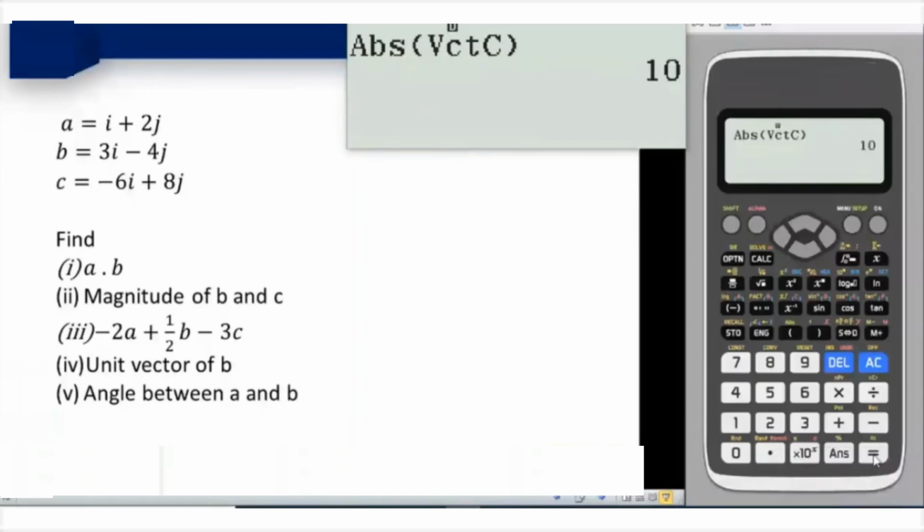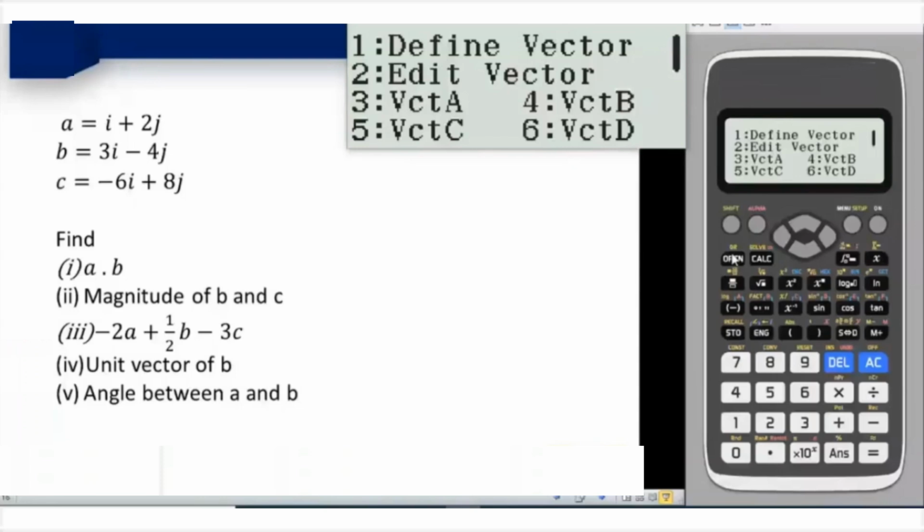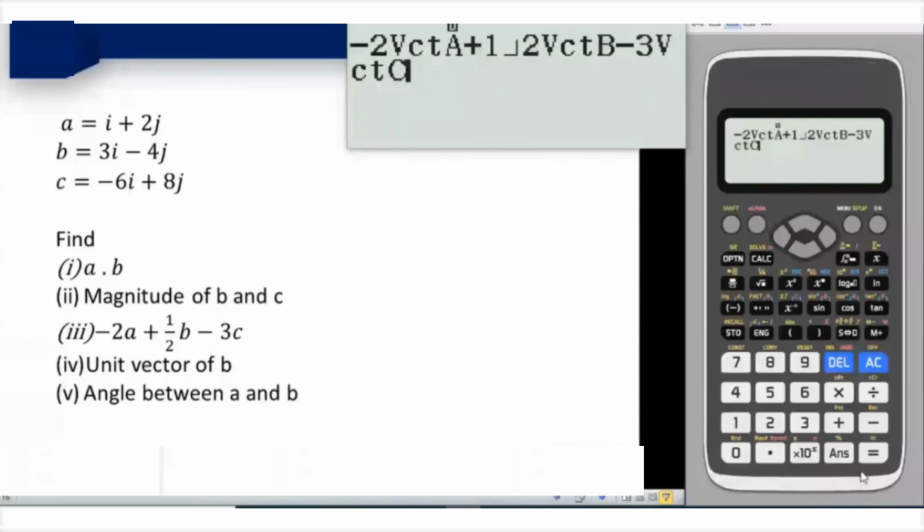Then there is algebraic multiplication and addition. It's minus 2, and then vector A, so option 3, plus half, option 4, which is vector B, minus 3, option 5, which is vector C. And I will press equals, so I will get 17.5.